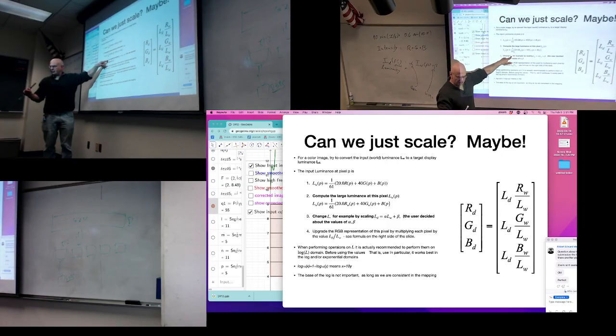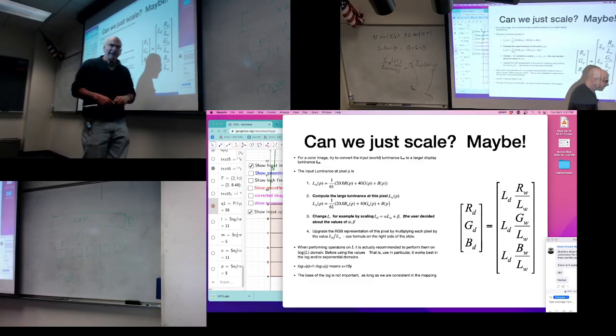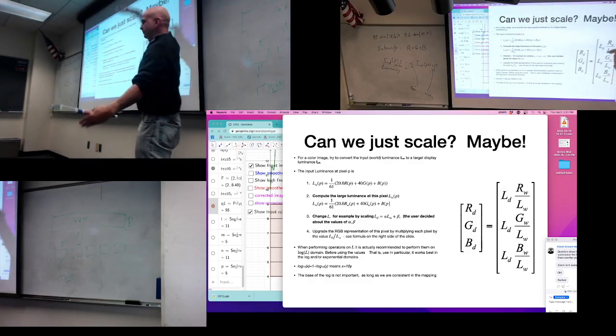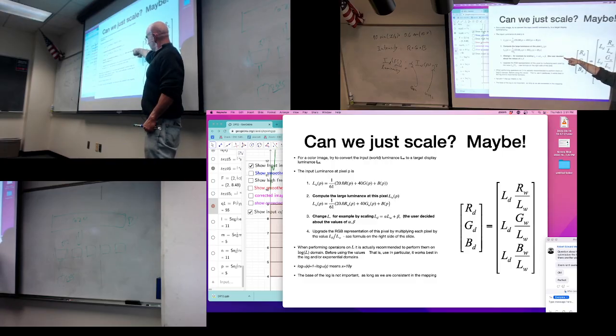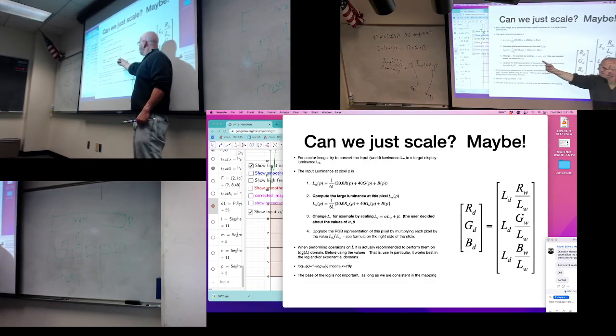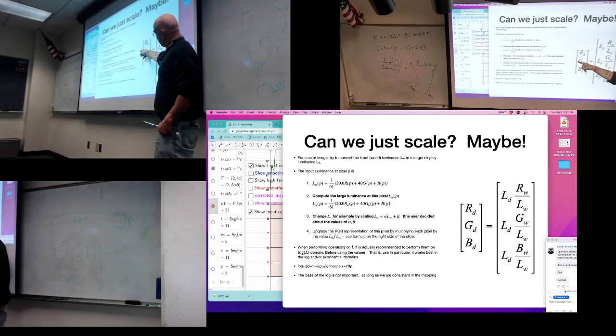Every pixel has its own intensity. And I'll compute a new value, the desired luminosity, L sub D, D for the display. That's where I want the target luminosity to be. Map from the bigger graph to the small graph. How? Various ways. That's where the devil is in the details. We'll discuss how to do this transformation. For example, you can multiply by alpha and add beta, alpha smaller than 1. That would be the simplest version.